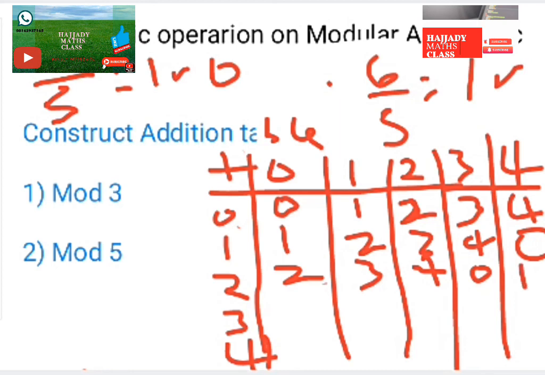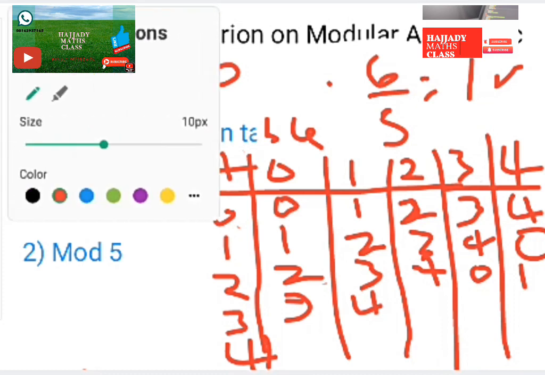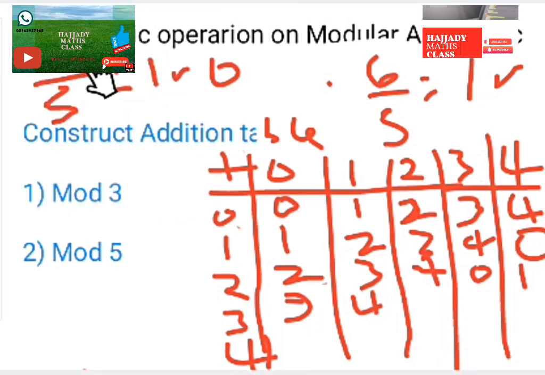Now we are moving straight to 3. 3 plus 0 you have 3. 3 plus 1 we have 4. 3 plus 2 we have 5. And like the one we did here, 5 gives remainder of 0, while 6 gives remainder of 1.